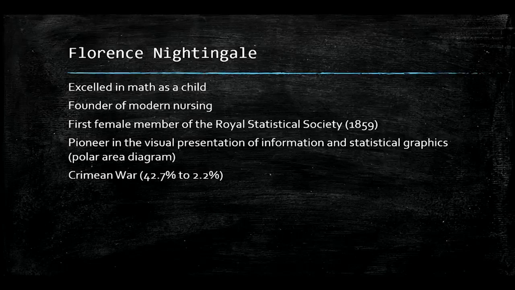What she noticed was they weren't dying from their wounds, they were dying because of the horrible conditions in the hospital. So she did a statistical analysis, and she was very good at convincing people to make changes. When her changes were implemented, the rate dropped to 2.2%, which is 22 out of 1,000.